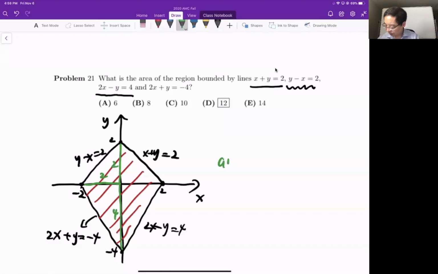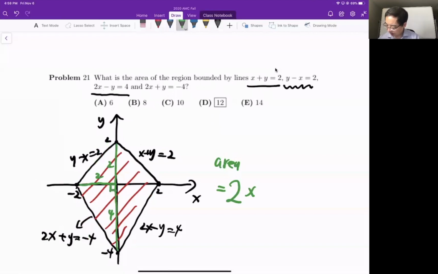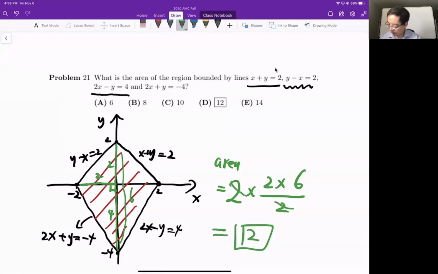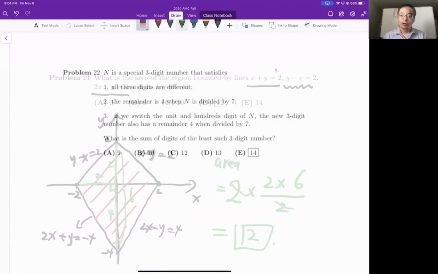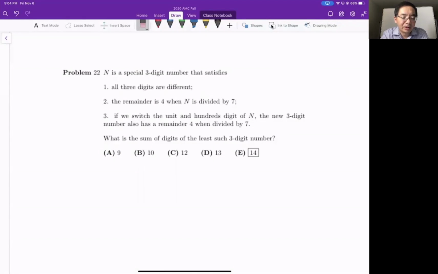So the area equals twice, 2 copies of a triangle: the height, that's 2, times the base, that's 6, divided by 2. So the 2 cancels with the 2, and what you have is 12.